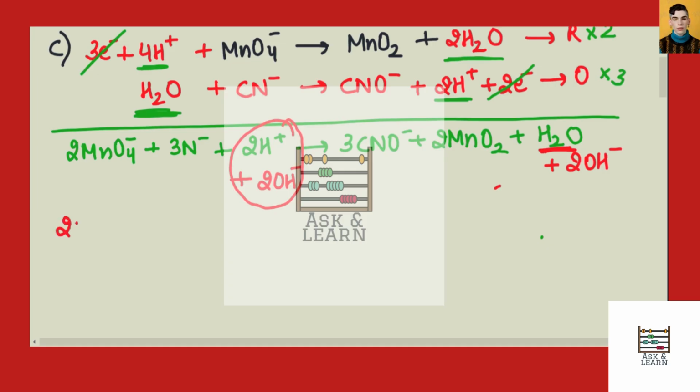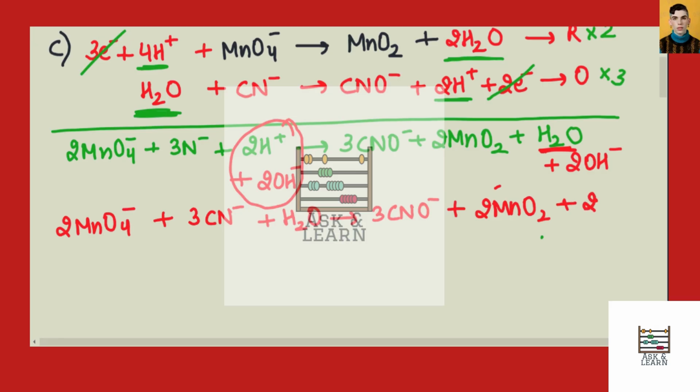So the overall reaction becomes 2MnO4- plus 3CN- plus water gives 3CNO- plus 2MnO2 plus 2OH-.